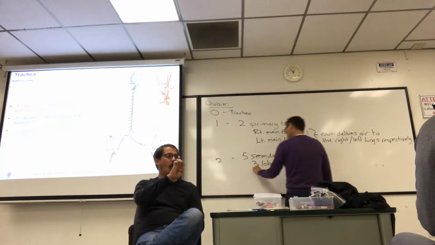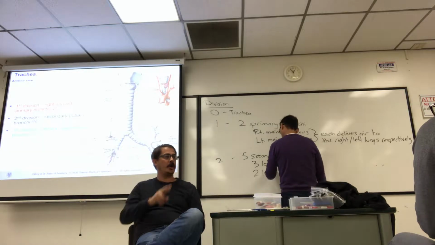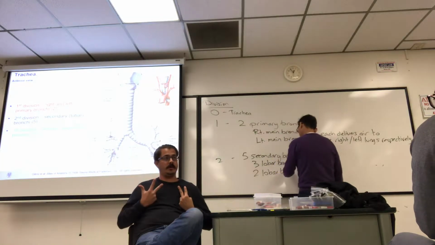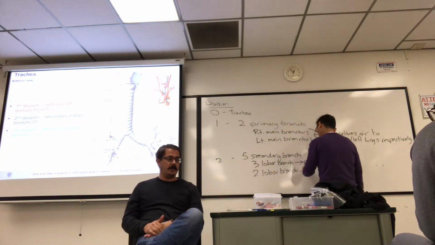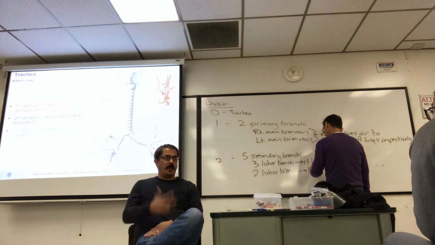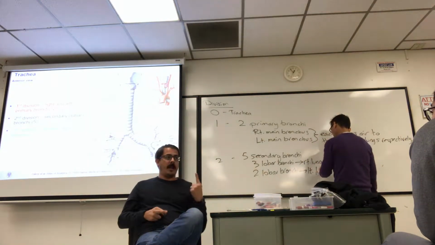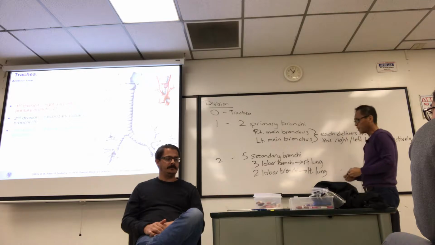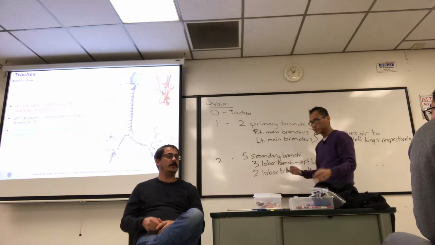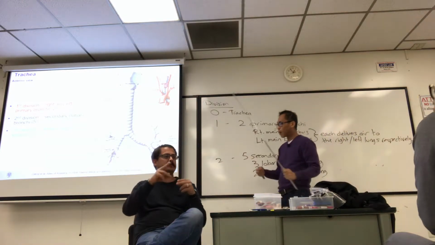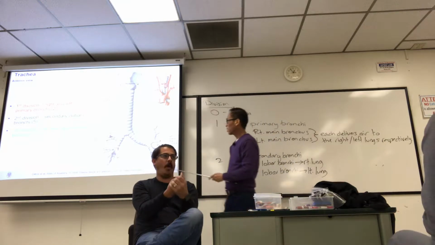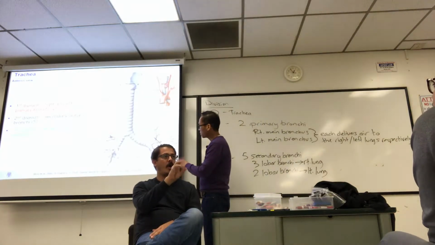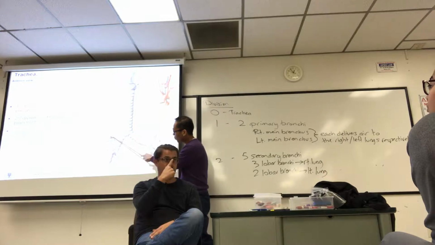You got 2 lobar bronchi that go to the left lung. Now, these 5 areas have different names. Just call them all lobar bronchus. There's 1, 2 there. There's 1, 2, 3 there.